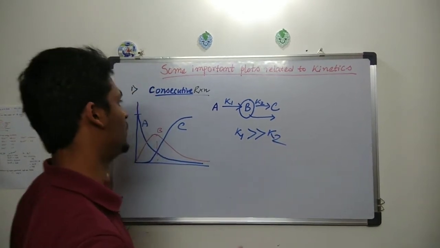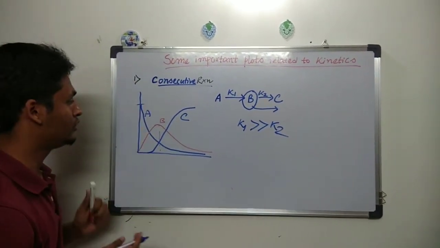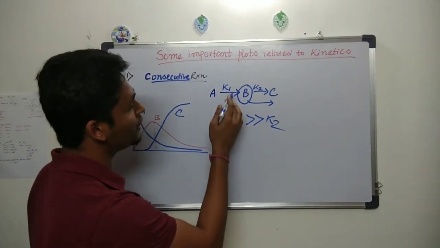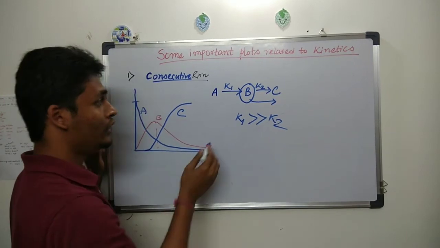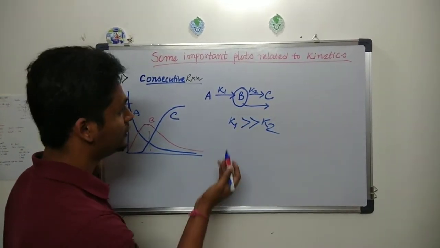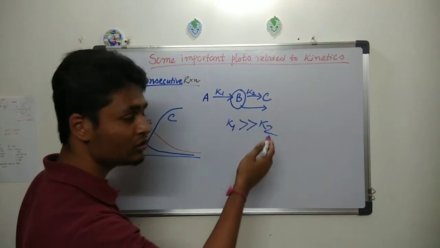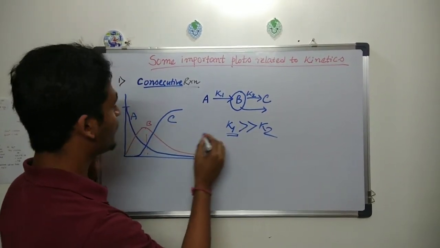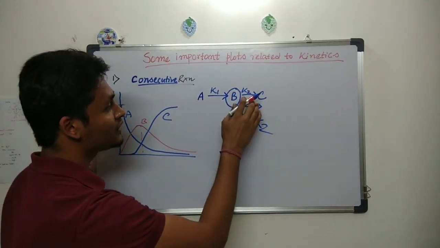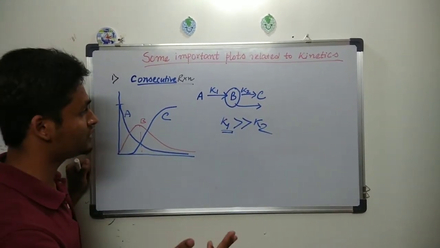But they will ask you, if K1 is very much greater than K2, then how should the plot look? So here they are telling K1 is very much greater than K2. So the concentration of B that is forming is very high with respect to the decomposing, because K1 is very high. If K1 is very high and K2 is very small, that means C is not that high.